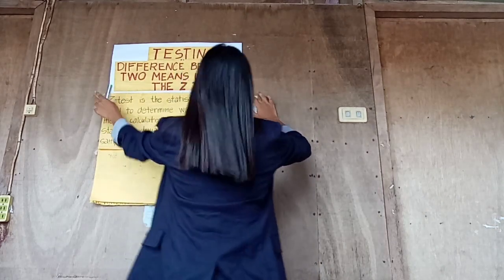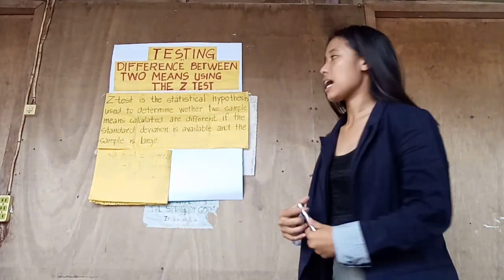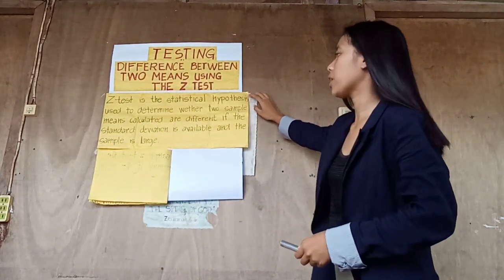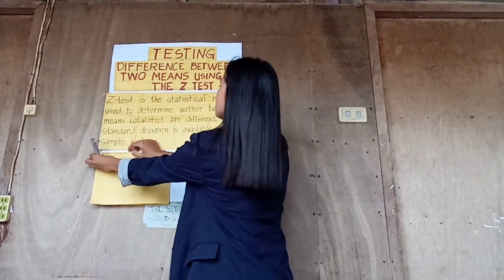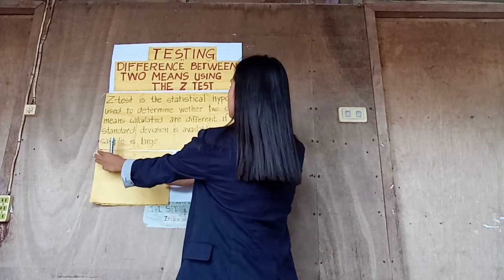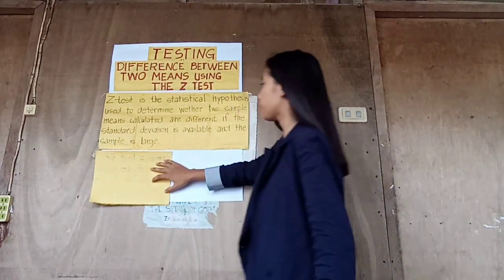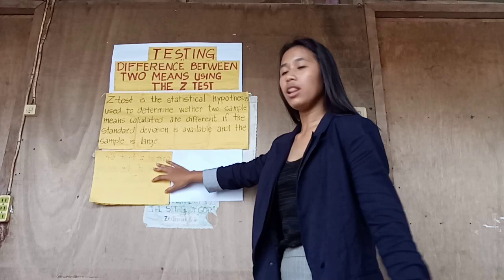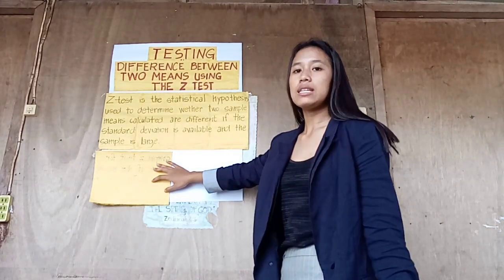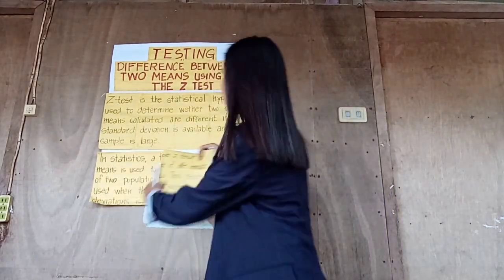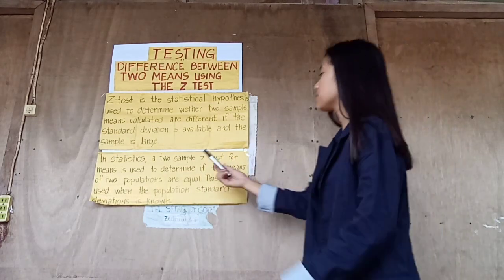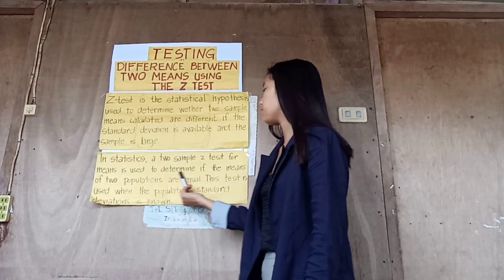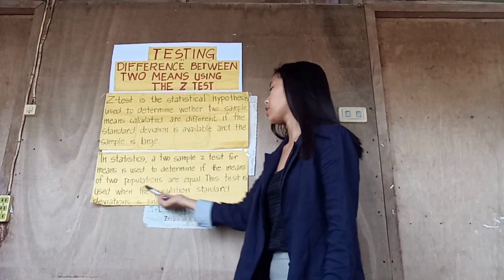Now, z-test is the statistical hypothesis used to determine whether two sample means calculated are different and the standard deviation is available and the sample is large. Also, in statistics, a two-sample z-test for means is used to determine if the means of two populations are equal.